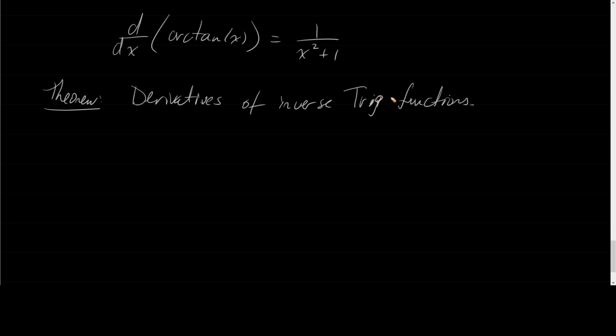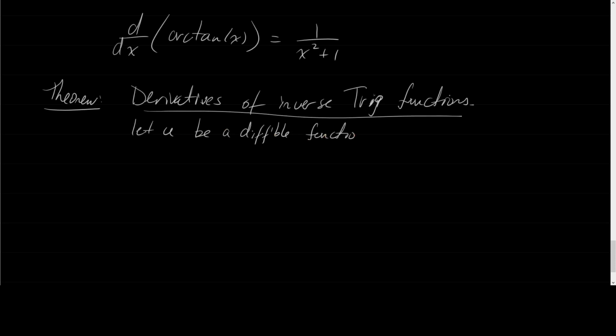All right. So let u be a differentiable function of x. Then the derivative with respect to x of arcsine of u would be 1 over the square root of 1 minus u squared times u prime.